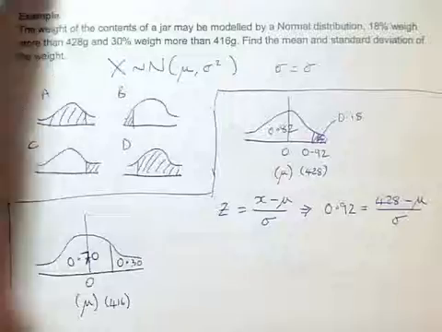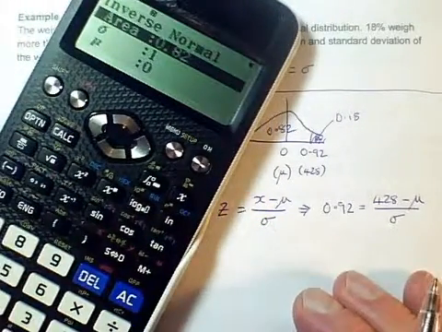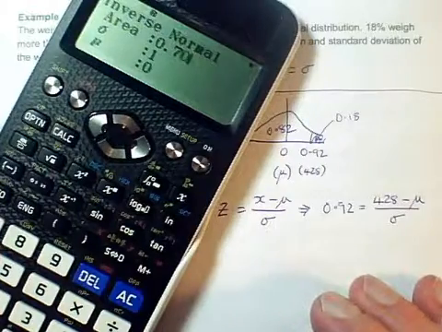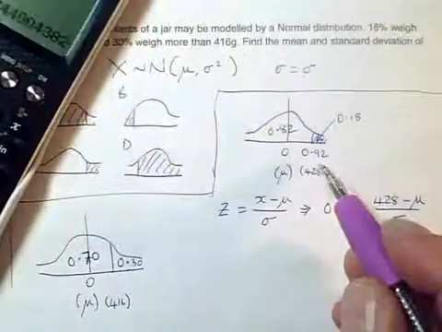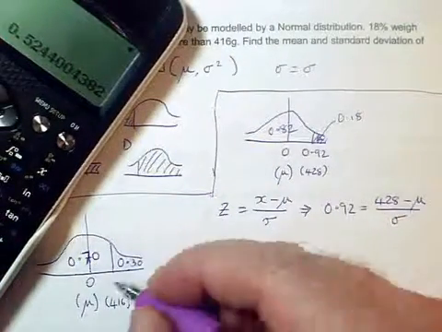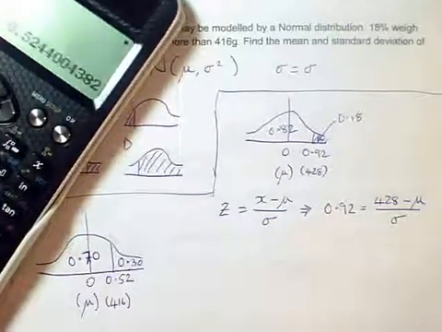So back to inverse normal distribution, and now I type in 0.70 and find that Z value, and that's a positive Z value, and it's less than 0.92 as I expected, so this is 0.52 as my Z value here.